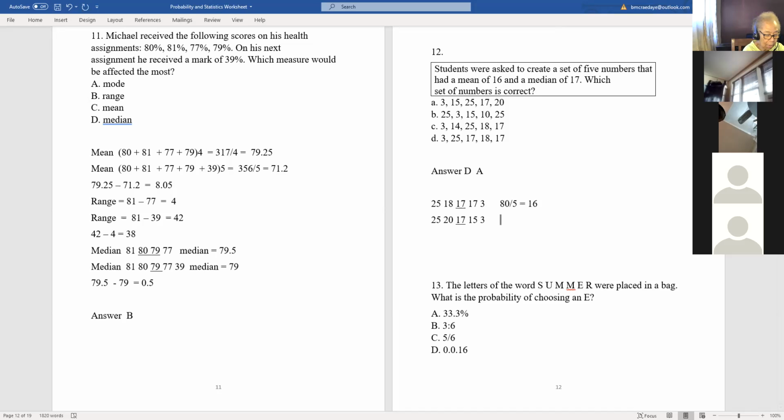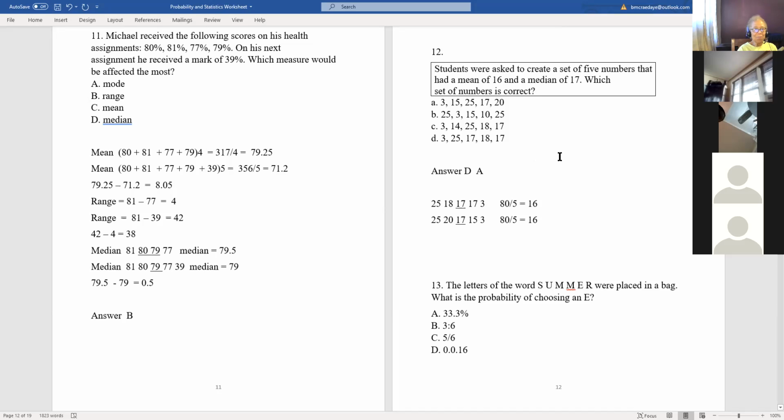Yes. Okay, 80 divided by 5 equals 16. So it looks like 2 of them satisfied, right? A and D, because A has a median of 17. D has a median of 17. When you add these all up, you get 80, and 80 divided by 5 is 16. So you have 2 answers. You have A and D.